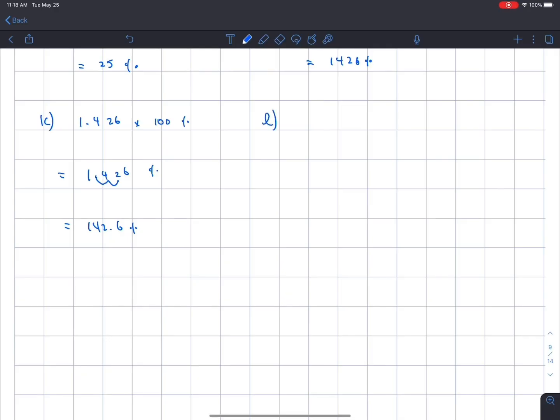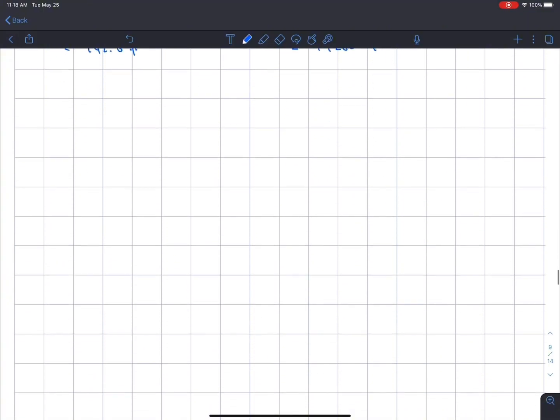And then L, 142.6 times 100%. I can add an extra 0, and then now I can move the decimal point 2 to the right, and we get 14,260%. And then M, 3.9 times 100%.